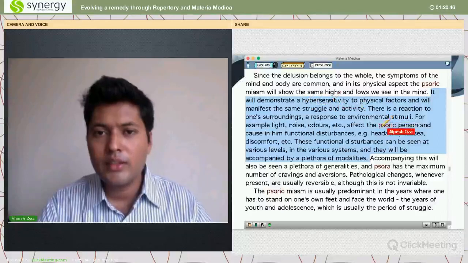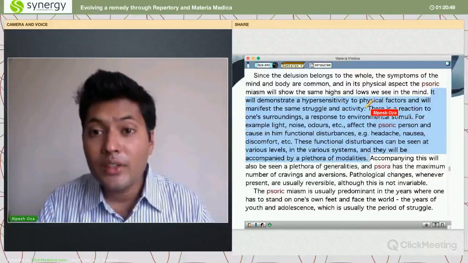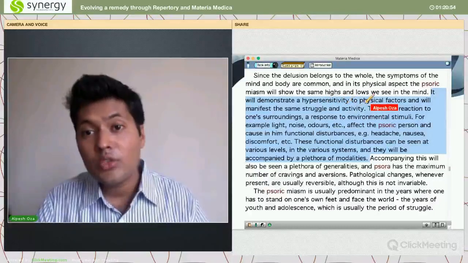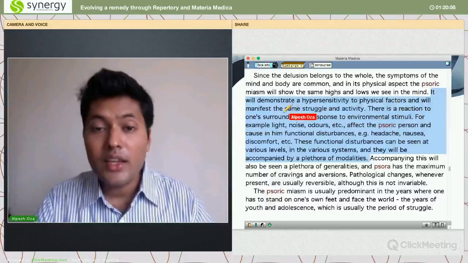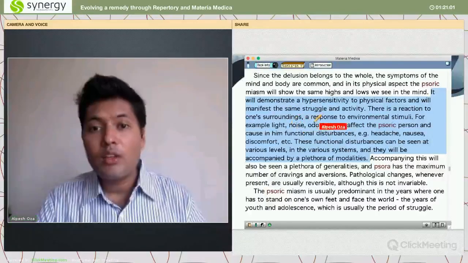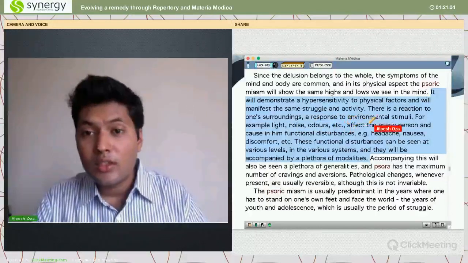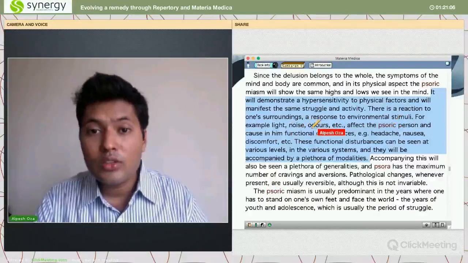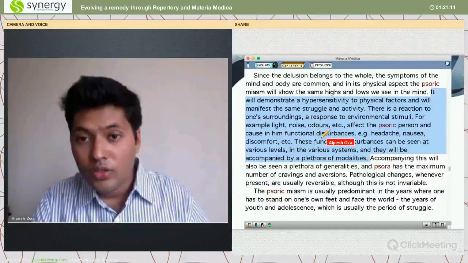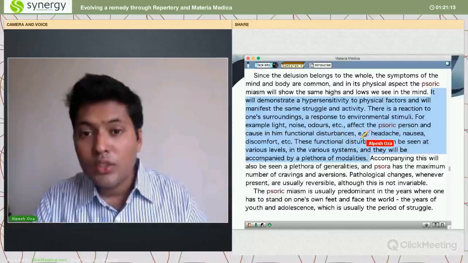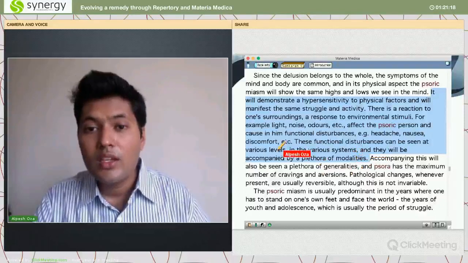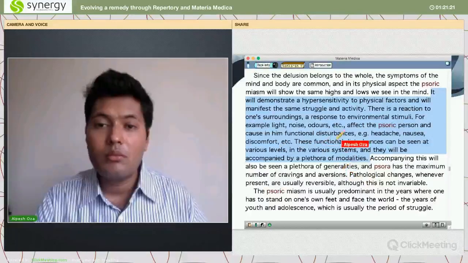And it tells that they will demonstrate hypersensitivity to physical factors, and will manifest the same struggle and activity. There is a reaction to one's surroundings, a response to the environment. For example, light, noise, odors, etc. affect the psoric person and cause functional disturbances, for example headache, nausea, etc. These functional disturbances can be seen at various levels in the various systems, and they will be accompanied by a lot of modalities.